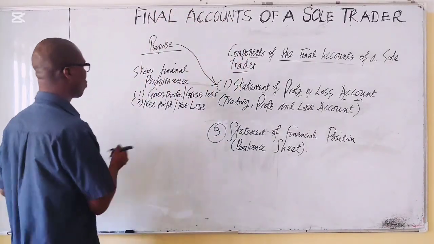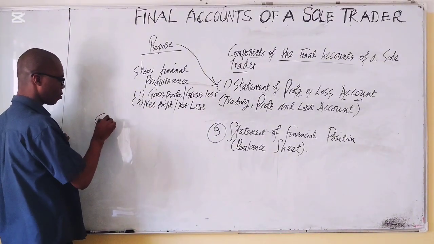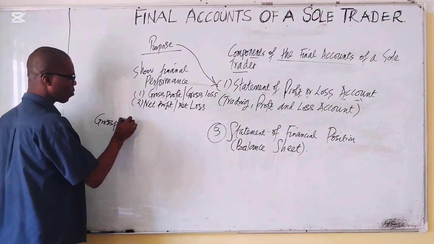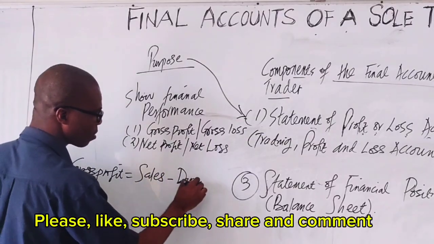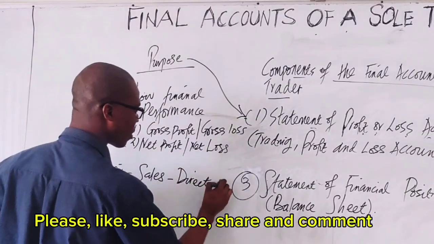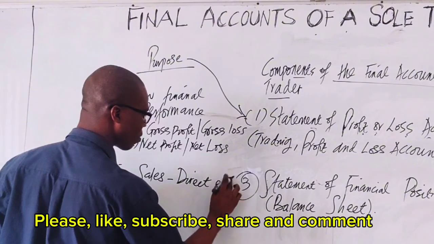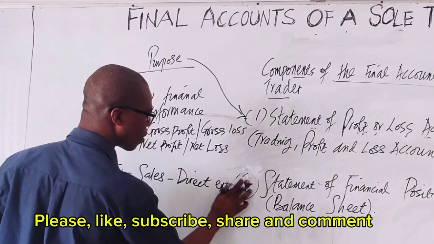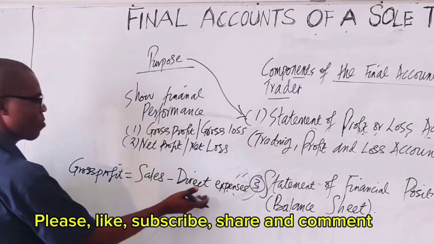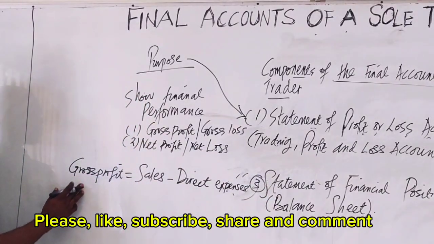For gross profit, it is the excess of sales minus direct expenses. When you remove direct expenses from sales, you have gross profit.